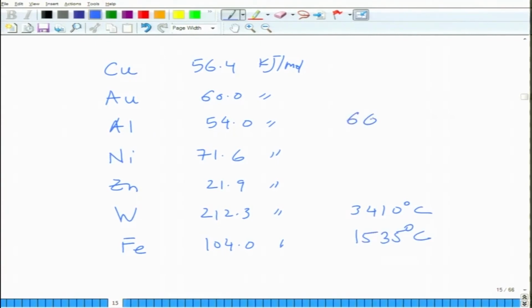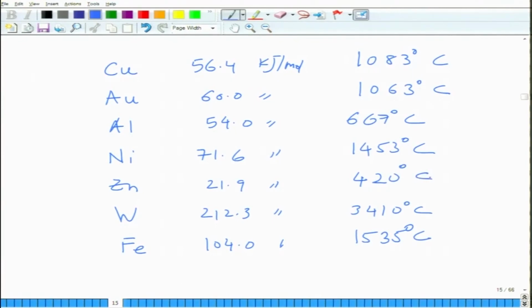Aluminum is 667 degrees centigrade, copper is 1083 degrees centigrade and gold is 1063 degrees centigrade. Nickel is again high bond energy, its melting point is 1453 degrees centigrade, and zinc of course is very low, 420 degrees centigrade. So you can see again the correlation.